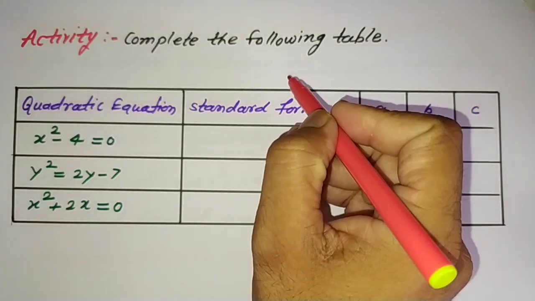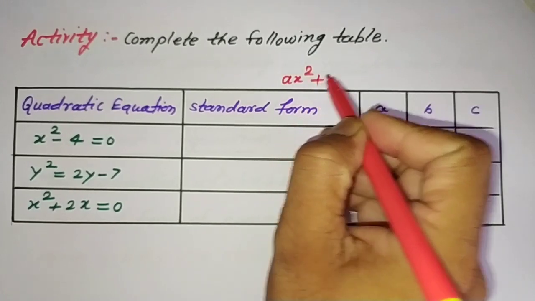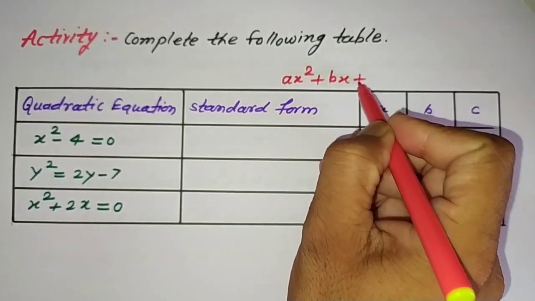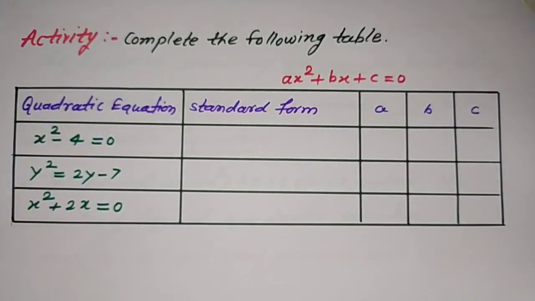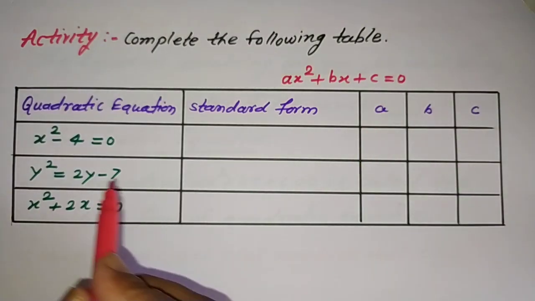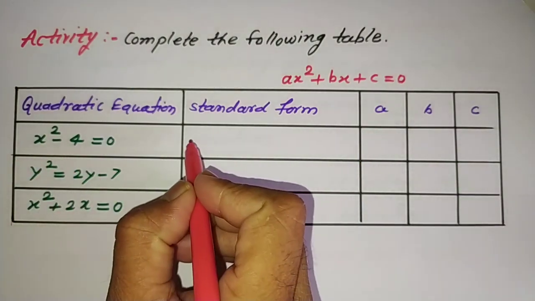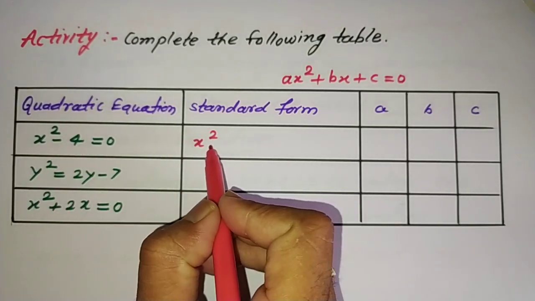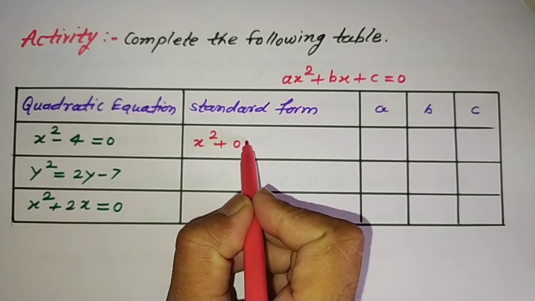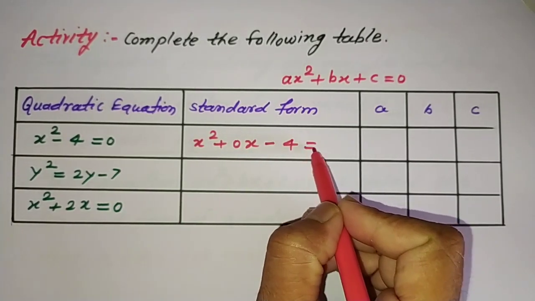The standard form of a quadratic equation is ax square plus bx plus c is equal to 0. First write the equation in standard form: x square plus 0x minus 4 is equal to 0.